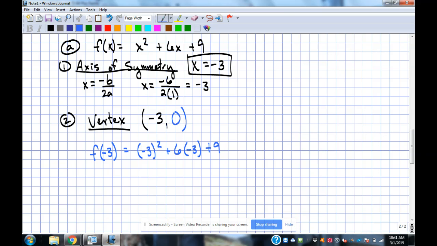What's A for this problem? It's a positive one, right? So this one opens which direction? Up. So it goes like this, and it's at a lowest point. So it's a minimum. That vertex is a minimum.